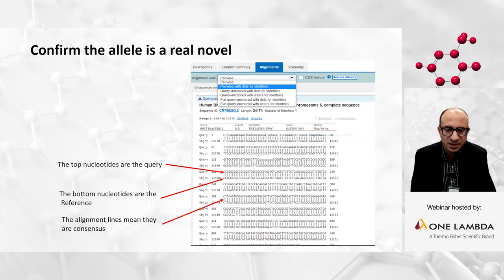These lines are the alignment lines. If you find a line between the two sequences, the reference and the one you submitted, you know that there is a consensus between both of them. If there is a missing line, this means that there is a mutation or a novelty at this mismatch.